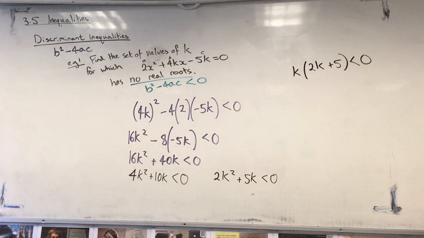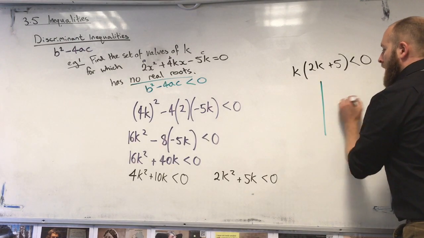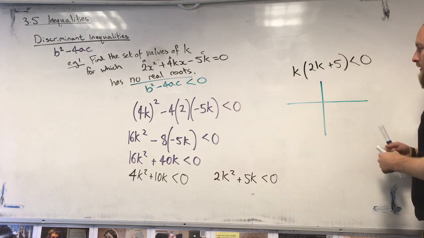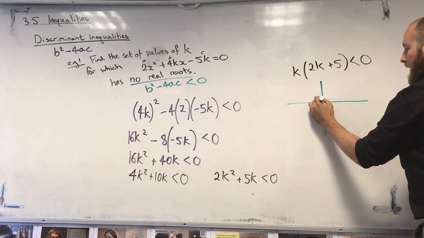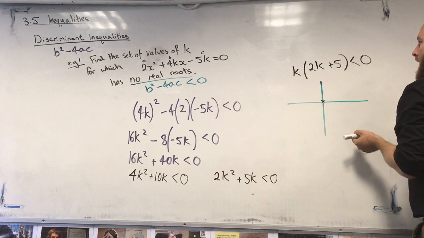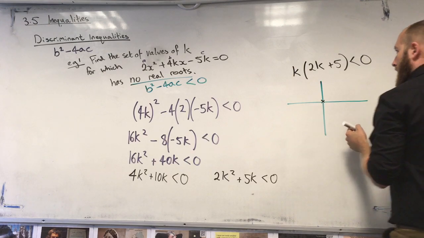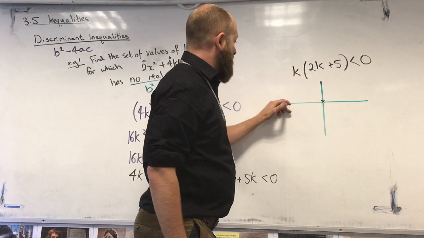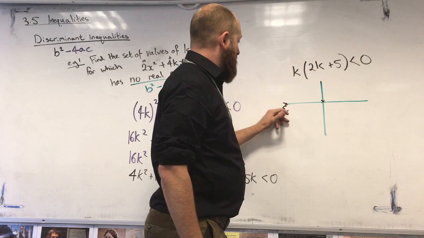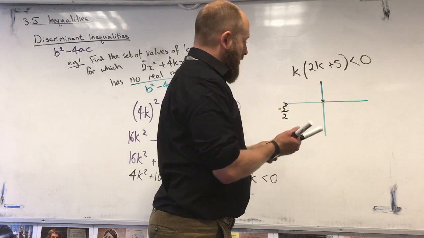Now remember, when we're trying to solve a quadratic inequality, we need to sketch it. I know it doesn't have x's in it, but we can pretend that x and k are the same thing. This is going to give us one root at 0 and the other root at minus 5 over 2. So let's draw on our quadratic.